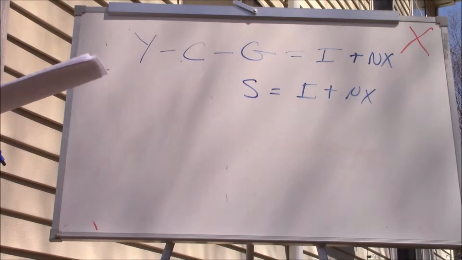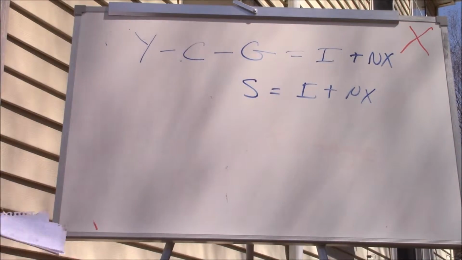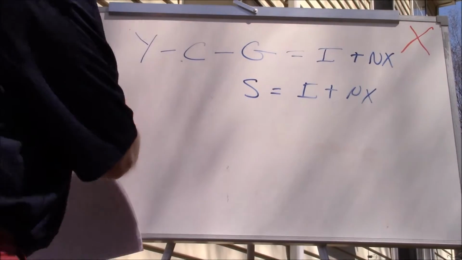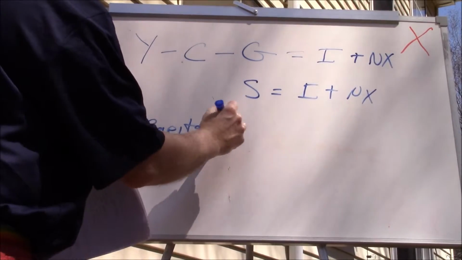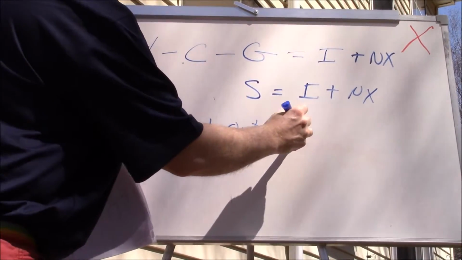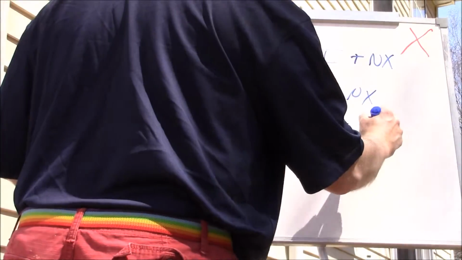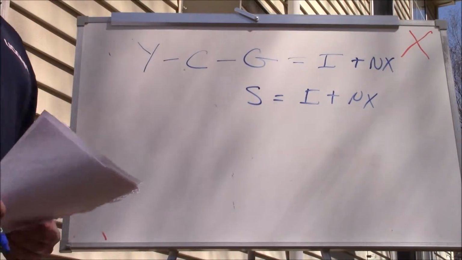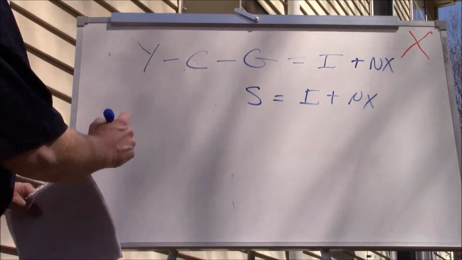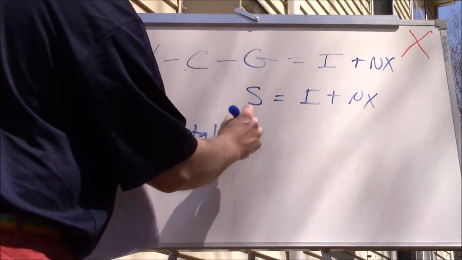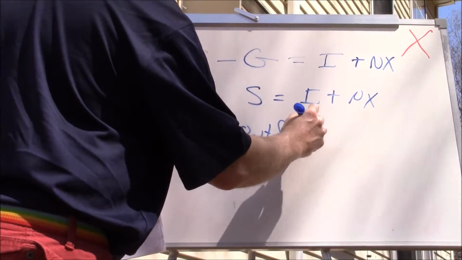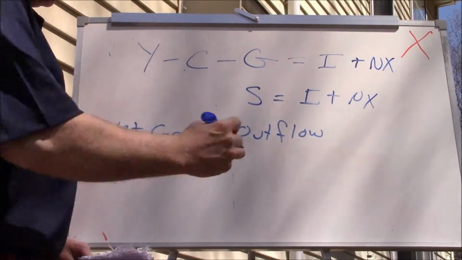Now, there's this other concept which we're going to call net capital outflow, and we're going to abbreviate that NCO.